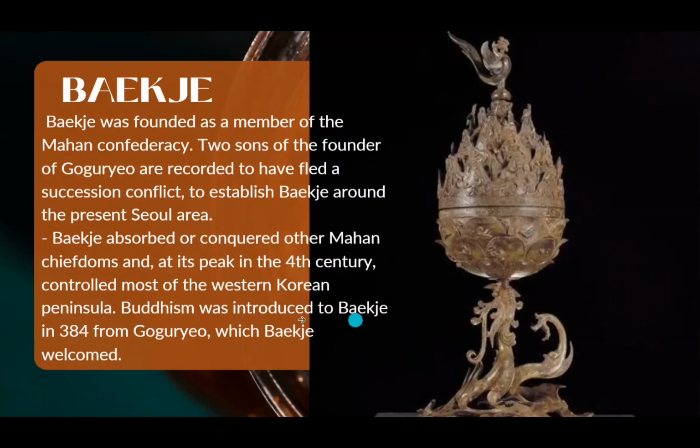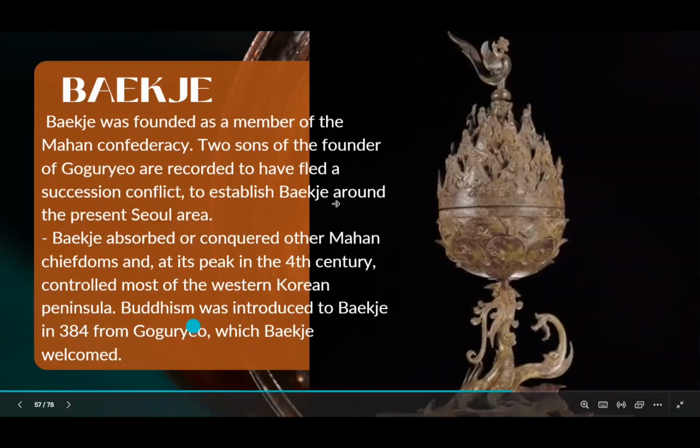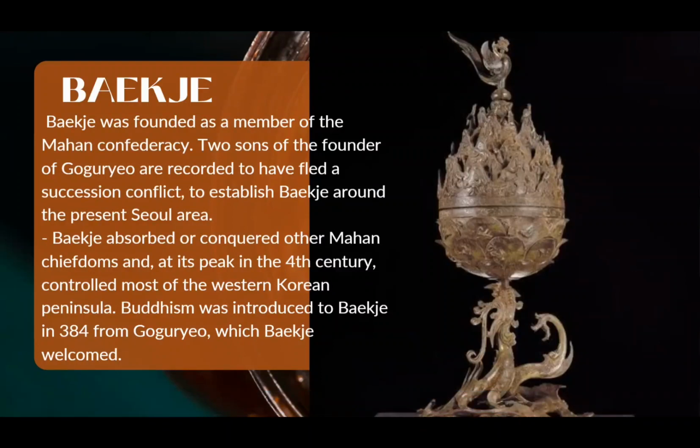Buddhism was introduced to Baekje in 384 from Goguryeo, which Baekje welcomed. Baekje is recognized as one of the three kingdoms alongside Goguryeo and Silla, and it existed from 18 BC to 660 AD. The kingdom was founded by King Onjo and was regarded for its great maritime power, which was significant as it resulted in the dissemination of Buddhism throughout Southeast Asia.